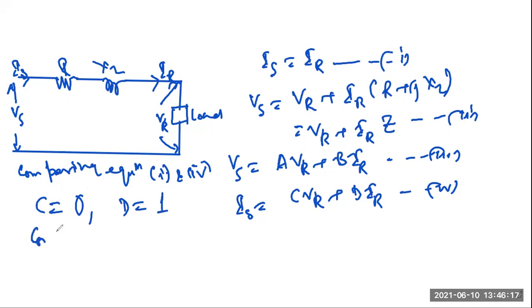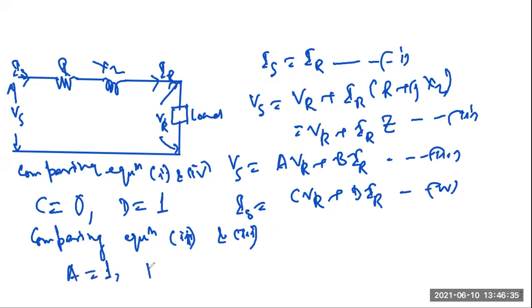Next we are comparing equations 2 and 3. So we get A equal to 1, and B equal to Z. Now here also we'll apply the conditions.